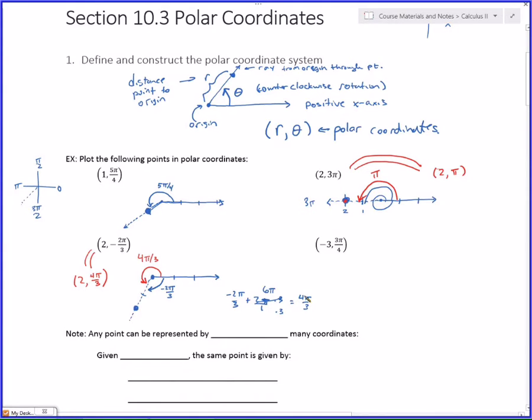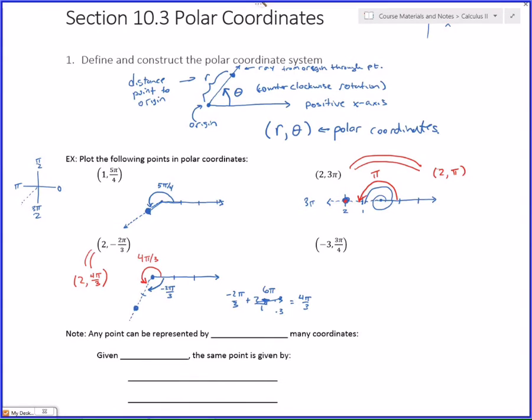In fact, I can keep adding 6 to this, because 6 pi over 3 is 2 pi, one rotation. 10 pi over 3, 16 pi over 3, 22 pi over 3. All of those are the same location of that ray right there. You just keep adding rotations to it, you're going to end up at the same direction.